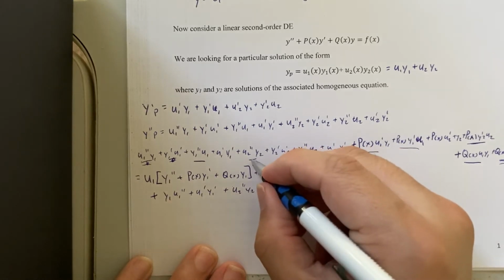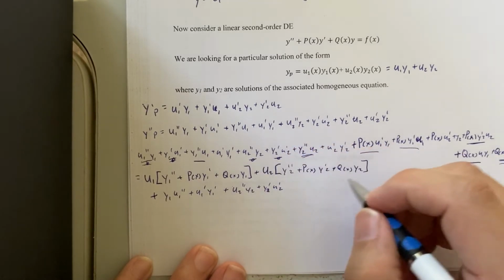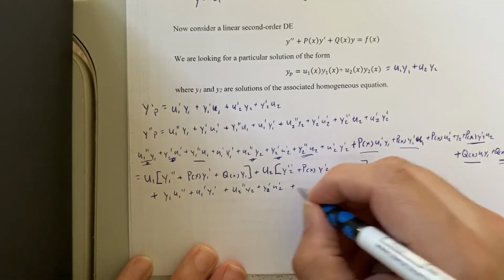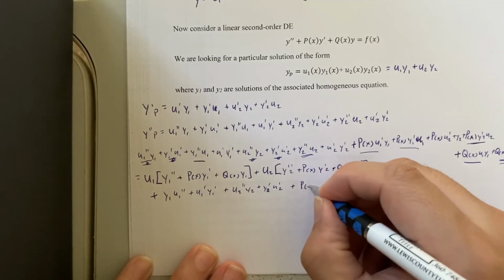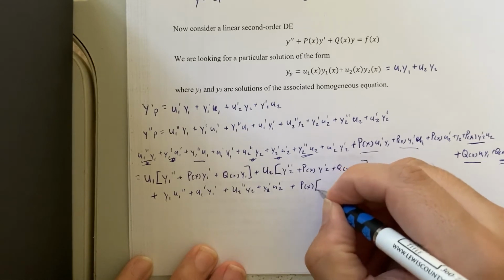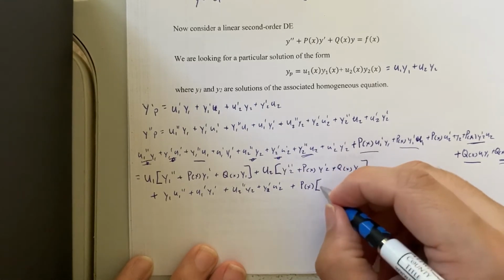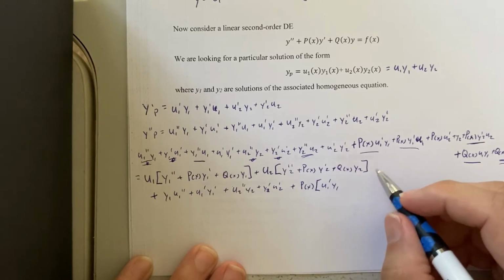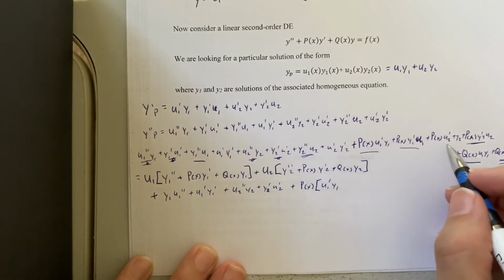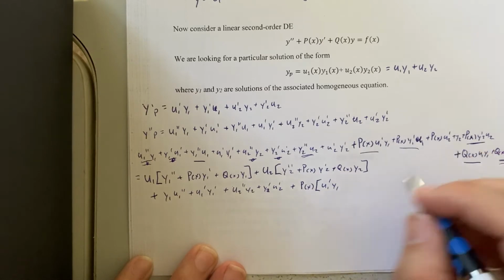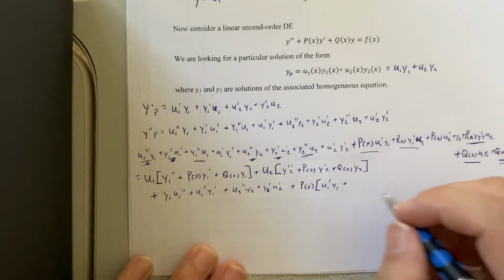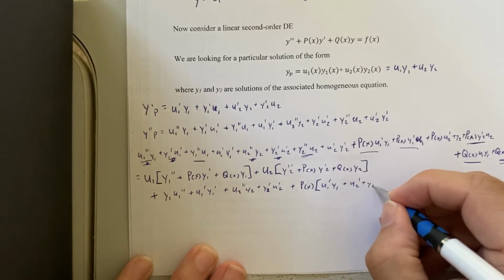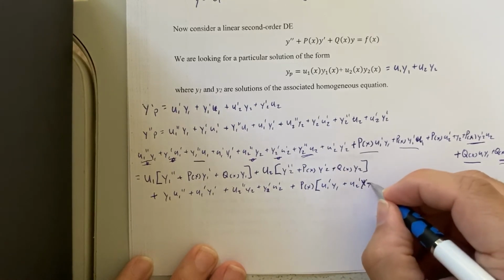And then again, I pull those right there. All right. And then I'm going to have all my p's together, so plus p of x, and all the other terms that had my p of x's, I'm going to write, so u sub 1 prime y sub 1, that's going to be right there. And then this one, u sub 2 prime times y sub 2.